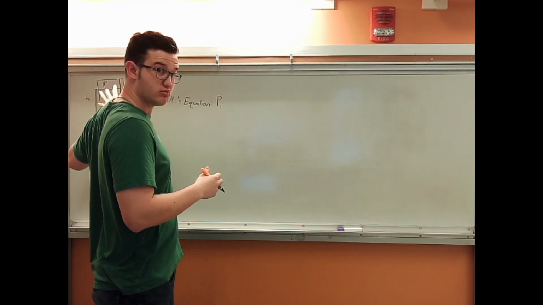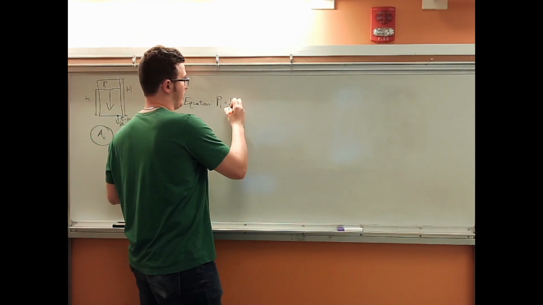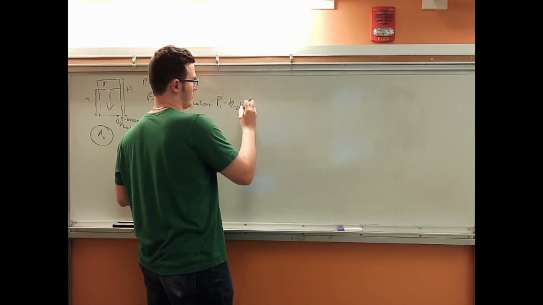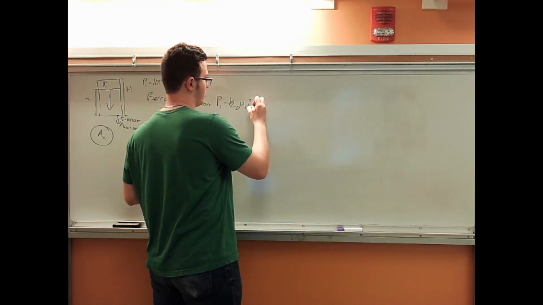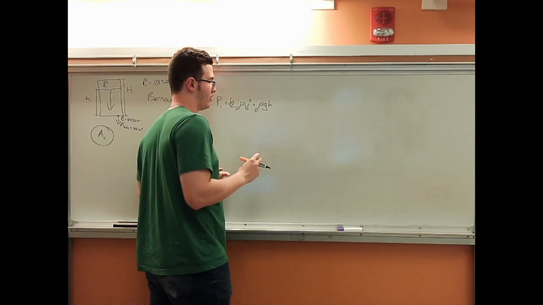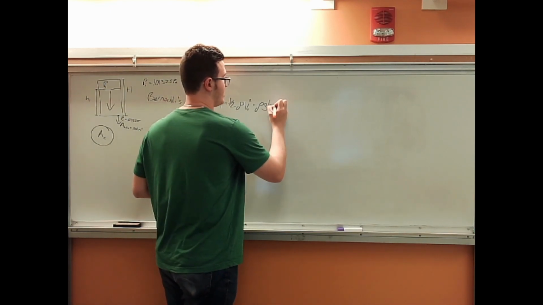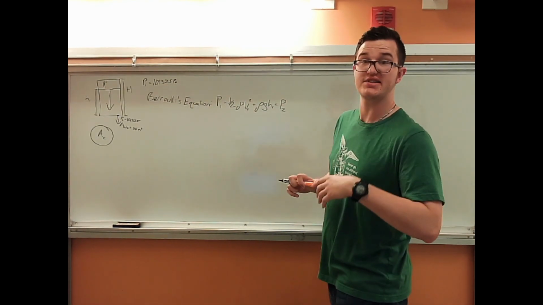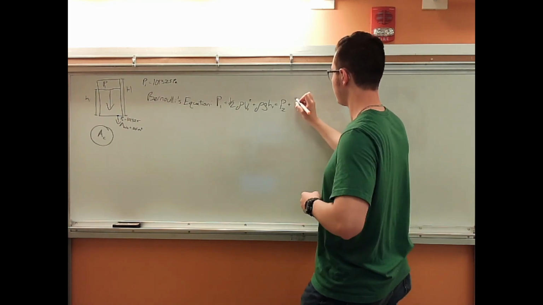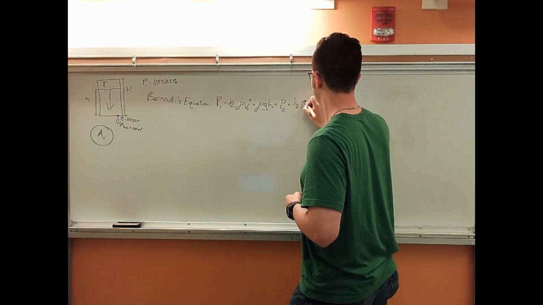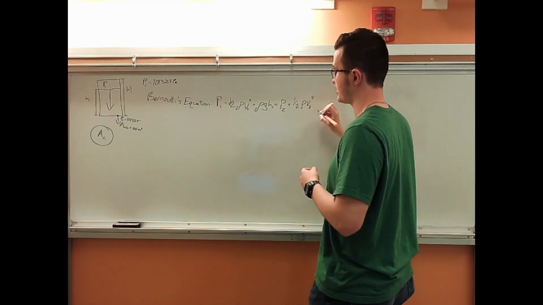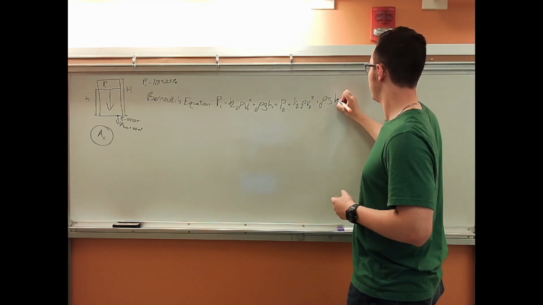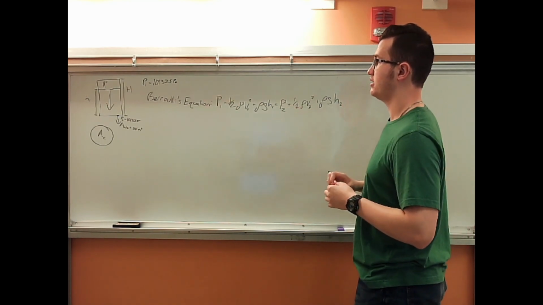P1, pressure at state 1, plus 1/2 times the density times the velocity at state 1 squared plus rho g h1, height 1, is equal to P2, the pressure at state 2, plus 1/2 density velocity at state 2 squared plus density times the gravitational constant times the height at state 2.